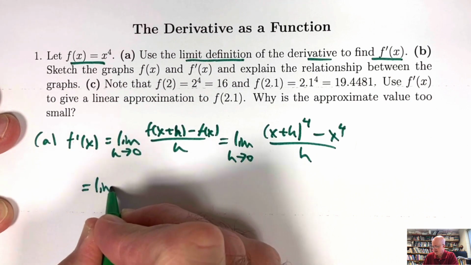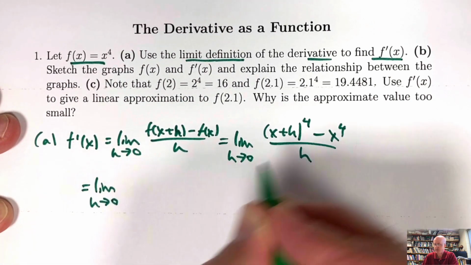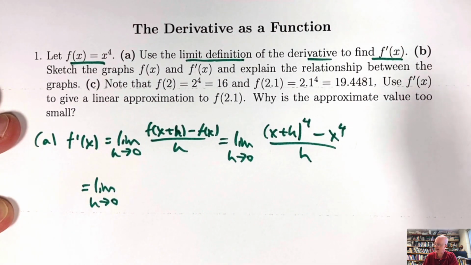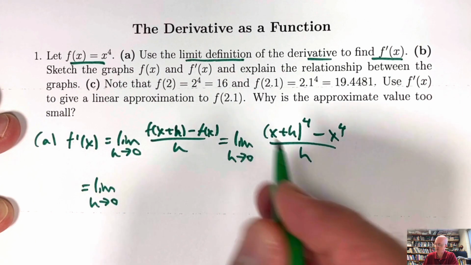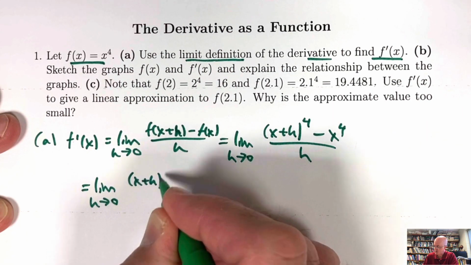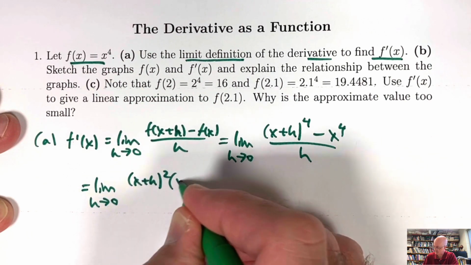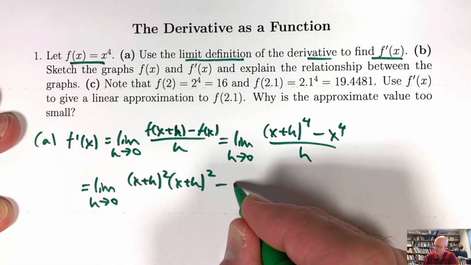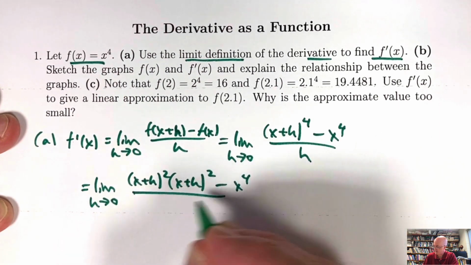Again, as I mentioned in the last video, you could use the binomial theorem to expand this, and if you know it based on Pascal's triangle, go ahead and do that. I'm not assuming that you know how to use the binomial theorem, so I'm going to go ahead and multiply this out by first doing x plus h quantity squared times itself. And when I square it, I can use FOIL, which you will probably be familiar with.